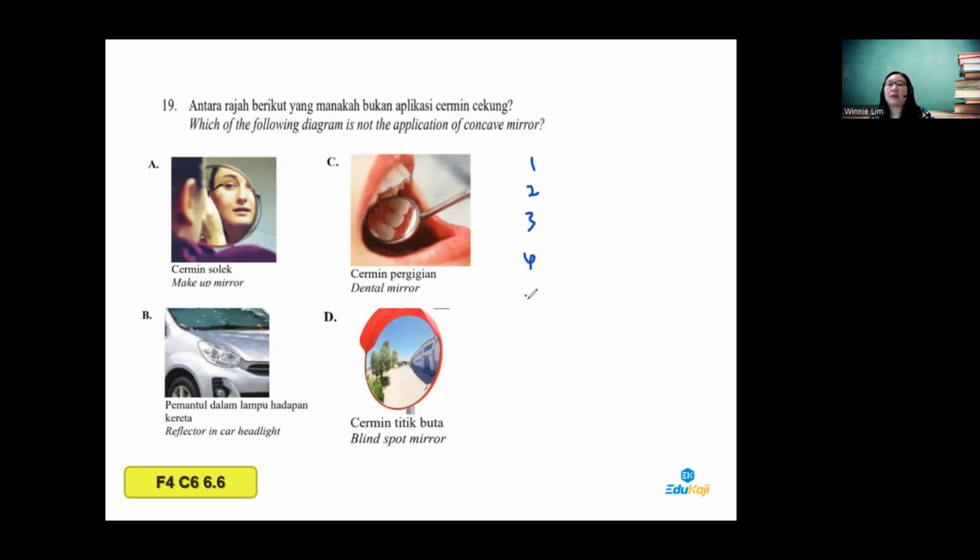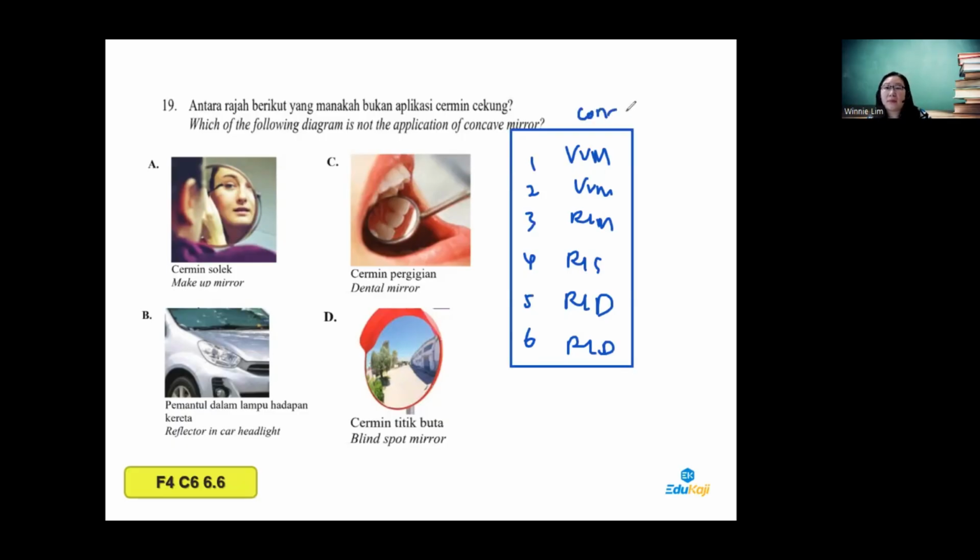I always tell students the idea of VRUIMSD, where V is virtual, R is real, U is upright, I is inverted, M is magnified, S is same size, and D is diminished. If it is a concave mirror, then it can have all these characteristics. Also for a convex lens, similar characteristics. But if it is a convex mirror, then it always has one characteristic only, which is always virtual, upright, and diminished.